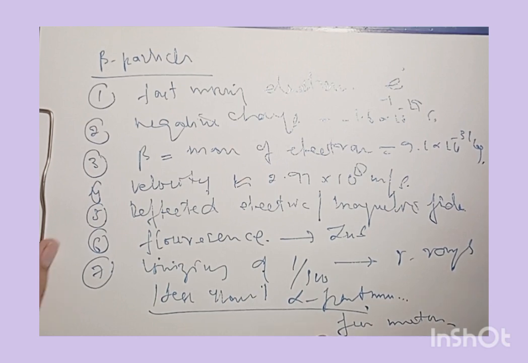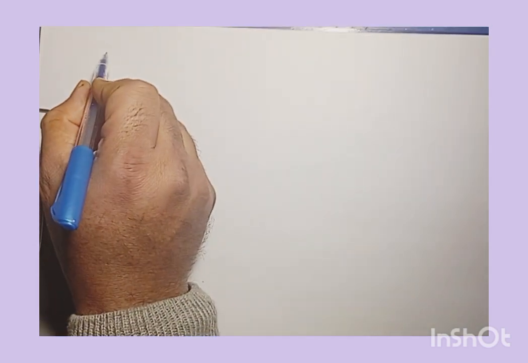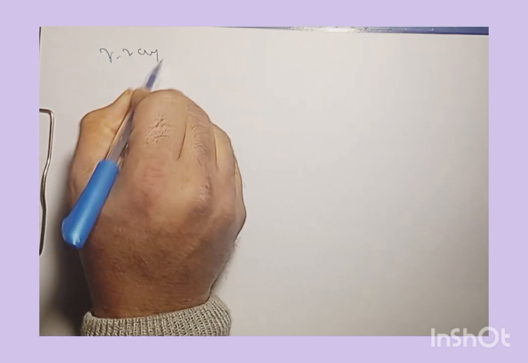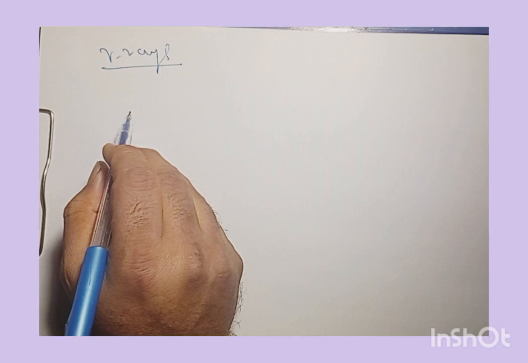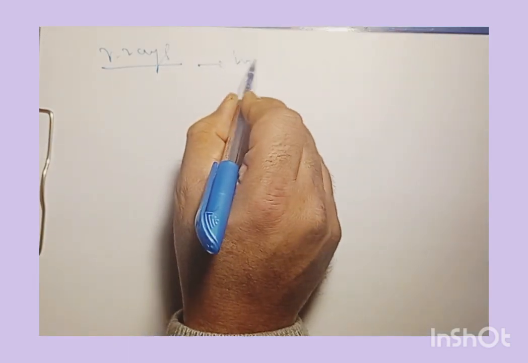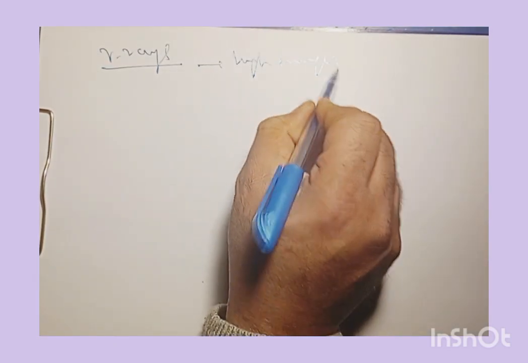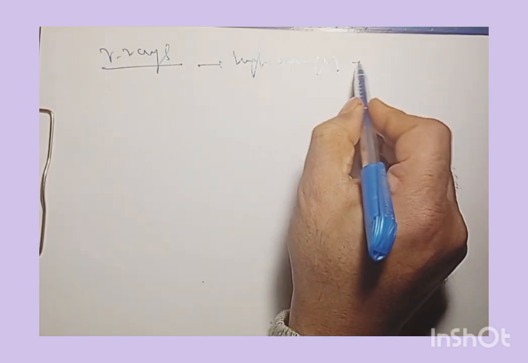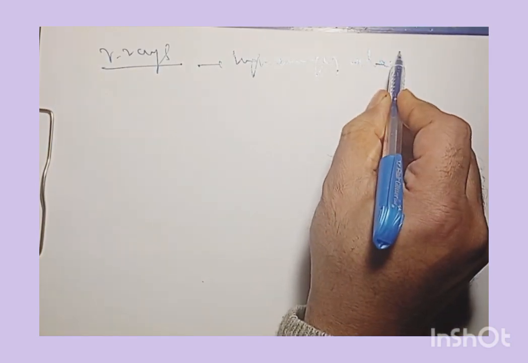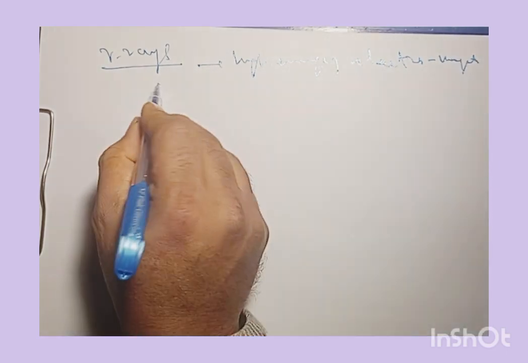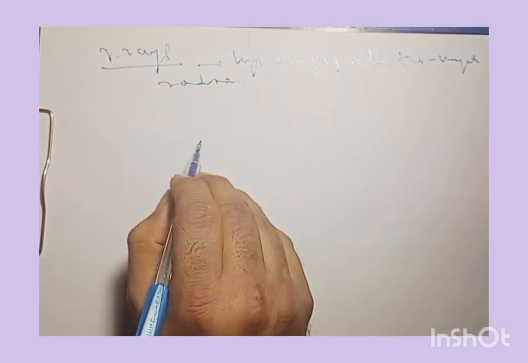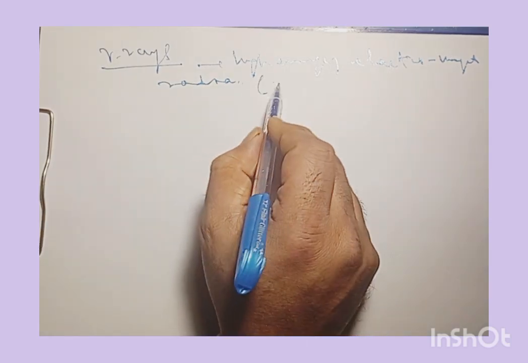Now, to end this video, let's have some idea about the properties of gamma rays. These gamma rays are packets of high energy electromagnetic radiation, or call them high energy photons.